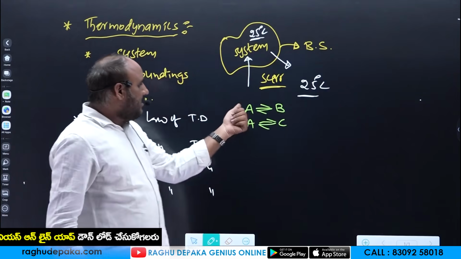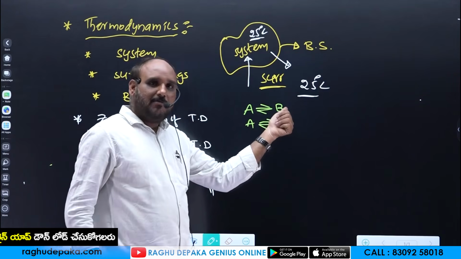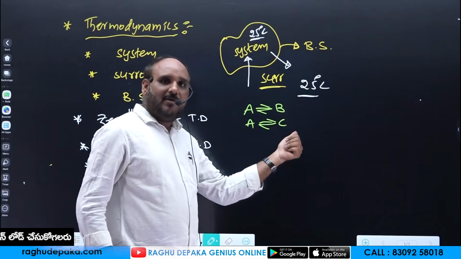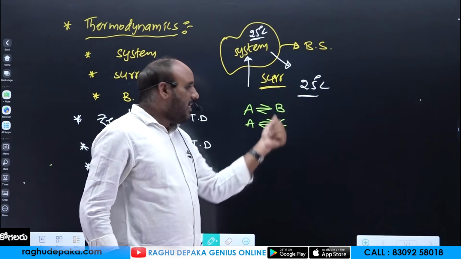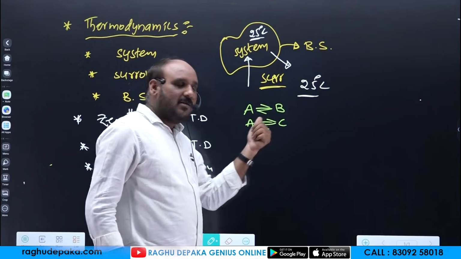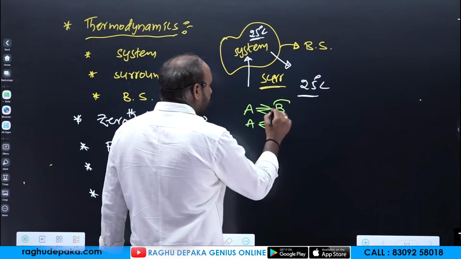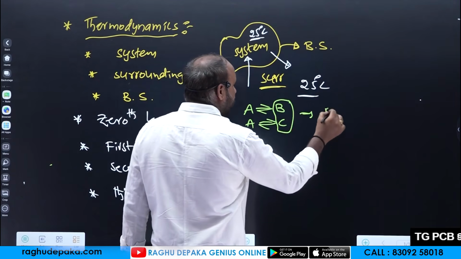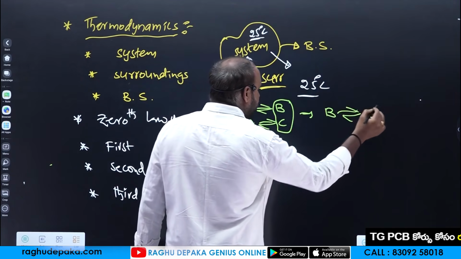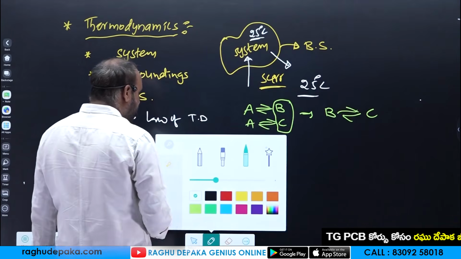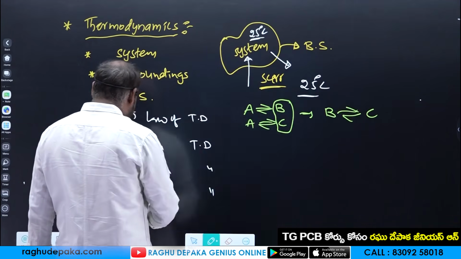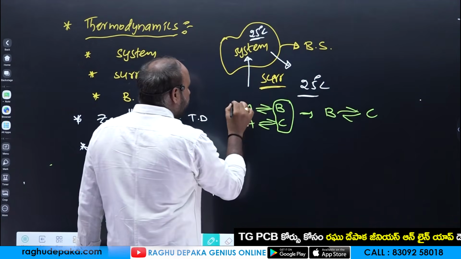Means system A is in thermal equilibrium with system B, and system A is in thermal equilibrium with system C. There is no direct contact between B and C, but with respect to A, both B and C are also in thermal equilibrium with each other. Thermal equilibrium means maintaining the same temperature.